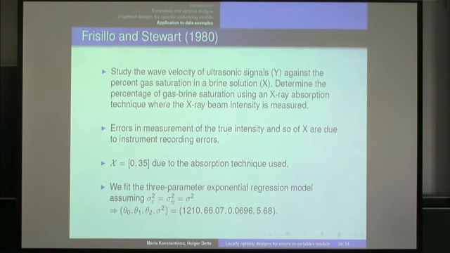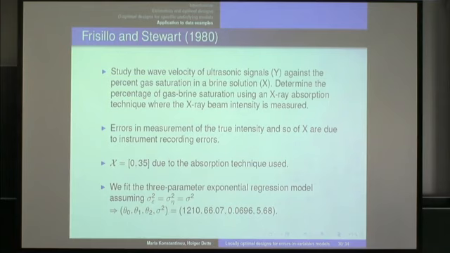So for our second example, we use the data by Frizzolo and Stewart, who study the wave velocity in rocks against the percent gas saturation. And this percentage is determined by an absorption technique where the rock is scanned and the intensity of an X-ray beam is measured.